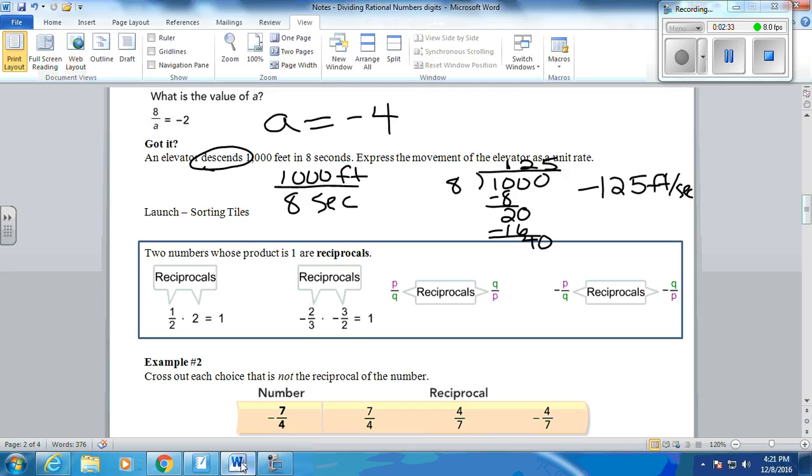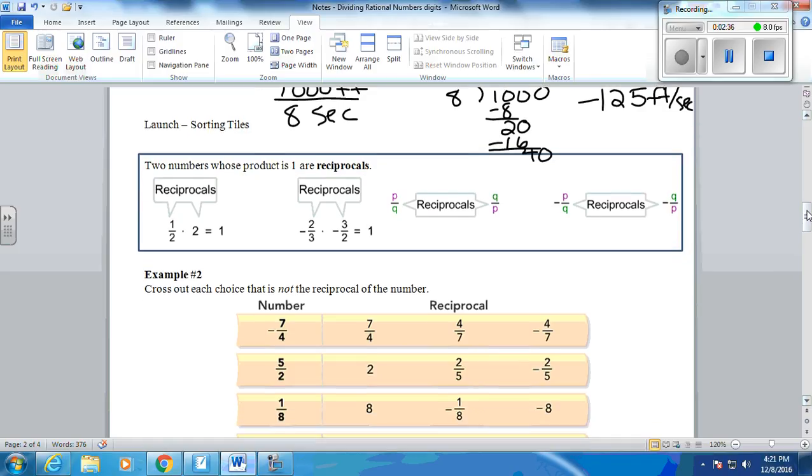All right. Now we're just going to refresh our memory about the definition of reciprocals. The definition states that 2 numbers whose product is 1 are reciprocals. So 1/2 times 2 equals 1, because really you're putting 2 over 1 here, and when you have half of 2, that equals 1.